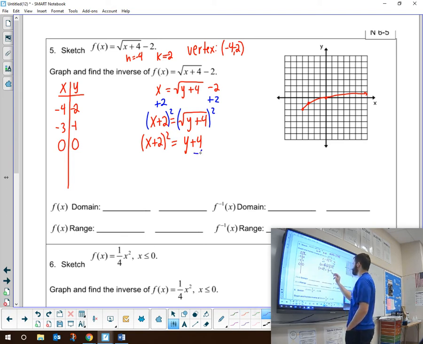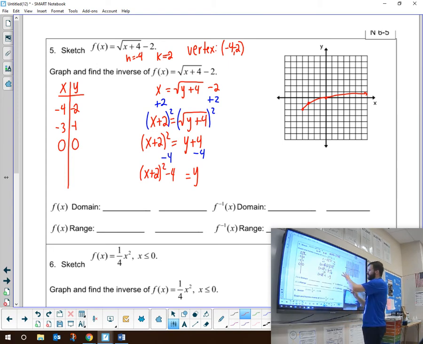And last but not least, we can minus this 4 over here. So I'm creating a new inverse equation. I'm going to rewrite it as f to the -1 of x, because that's my inverse, equals x plus 2 squared minus 4.